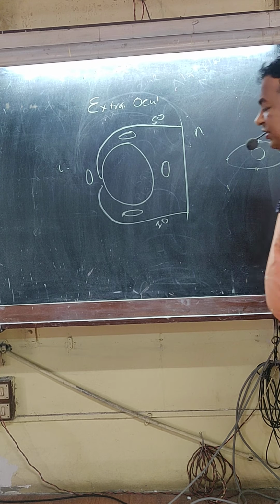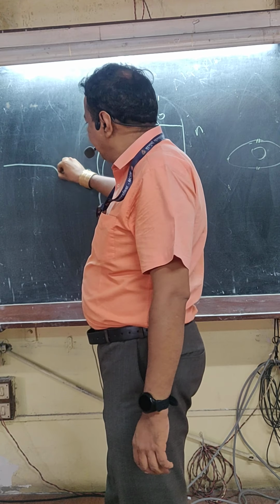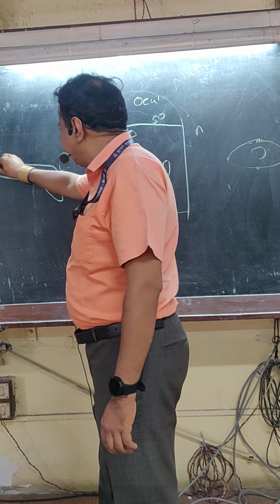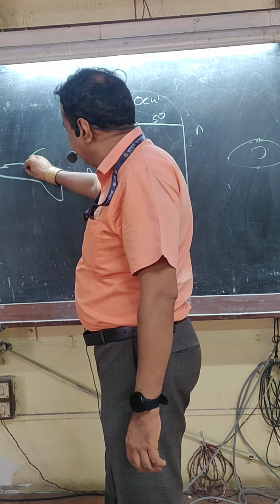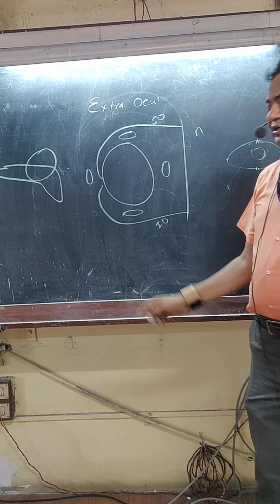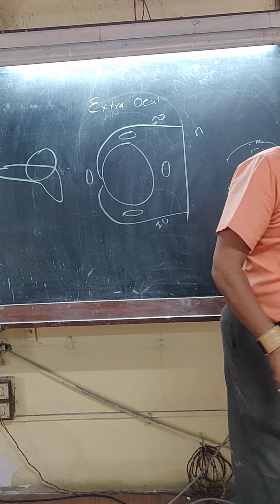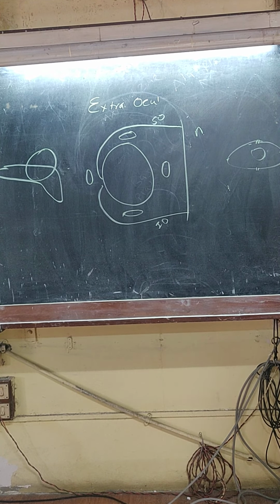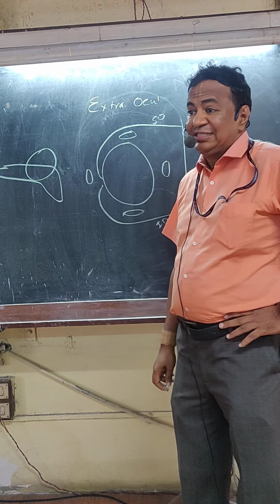And what is their origin? You have studied the skull. In the skull there is the superior orbital fissure, which separates the greater and lesser wing of the sphenoid. Running through the superior orbital fissure is a musculotendinous ring of Zinn.